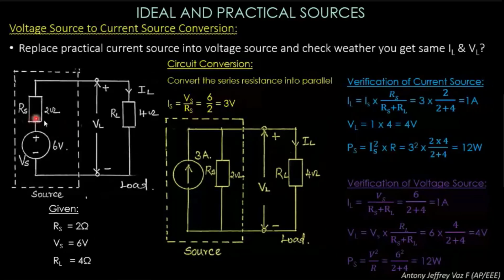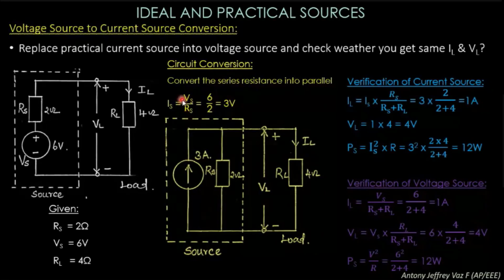While we are converting this, we need to find the current value across the voltage source. To do so, we can easily use Ohm's law. We know V is equal to IR and I is equal to V by R. So this is the formula. I will be equal to V by R. Here IS is the source current, so we are representing it as IS. V by R is nothing but Vs by Rs, where Vs is the source voltage and Rs is the source resistance.